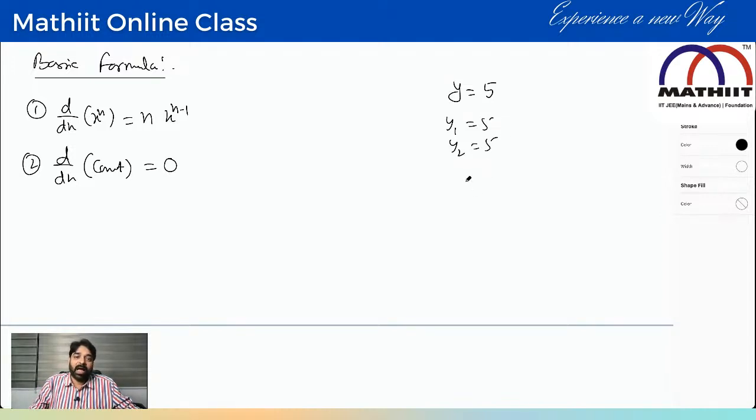So delta y will always be 0, so d by dx will always be 0. Or otherwise you can say it's a constant, so the graph will be parallel to the x-axis, and the slope will be 0. Right? So d by dx of a constant is always equal to 0. Next one.